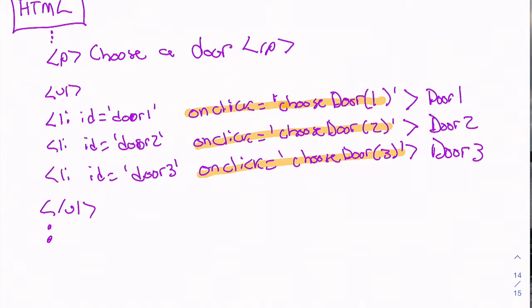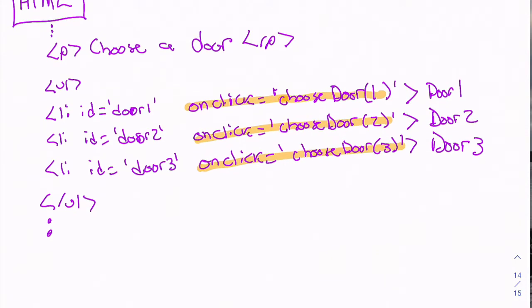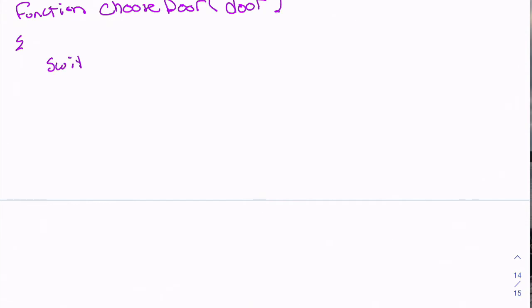All right, so that's our HTML. Let's write the code for choose door. So the code for choose door works like this. Function choose door, and we're going to take as an argument a door. And we're just going to use a switch statement. So we're going to switch on door.